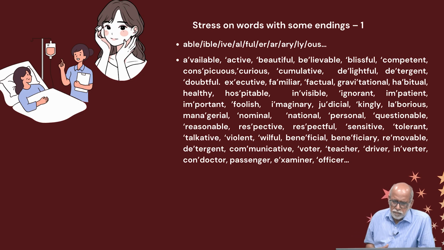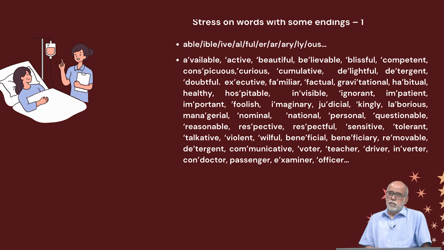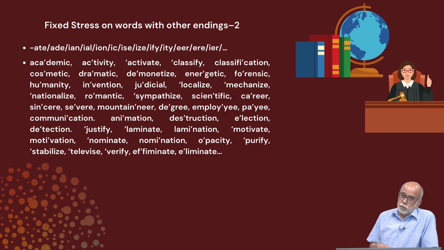These endings, er, ar, ary, etc., do not have a fixed stress pattern; it varies according to length and other considerations explained in the resource book. But there are some endings, like ate, which in many books of grammar are called suffixes, fixed at the end, just as there are prefixes, things that are attached to the beginning of the word.